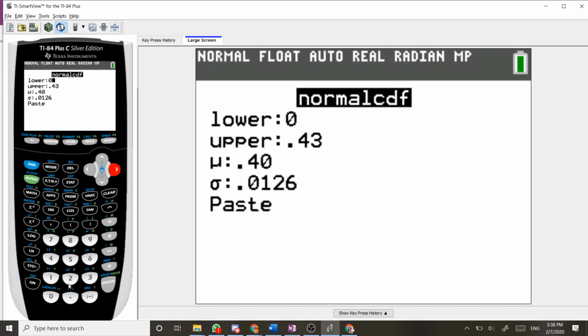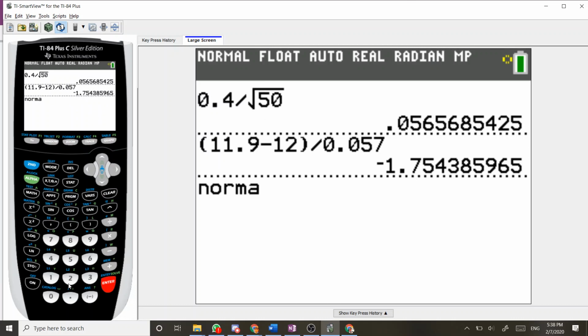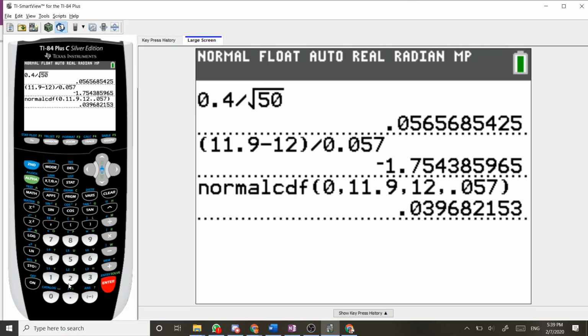The lower is 0, the upper is 11.9, the standard deviation is 0.057, and the mean is 12. That gives me 0.0396.